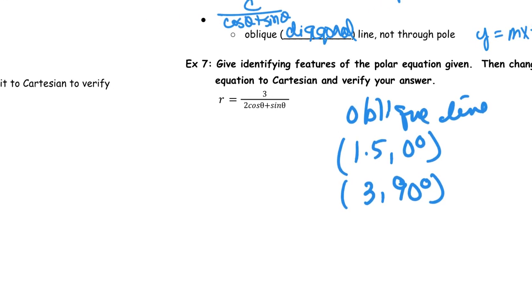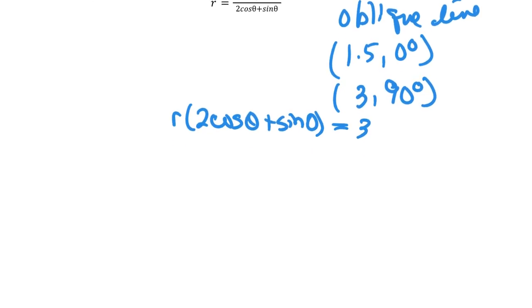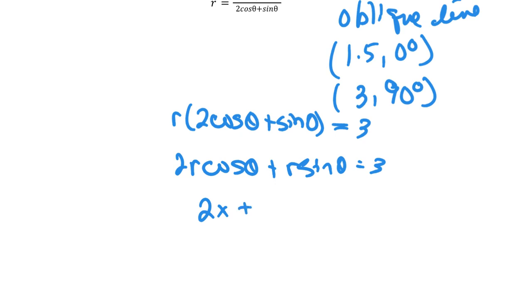First step in converting it, we do r times 2 cosine theta plus sine theta. Y'all want to distribute the r again? So we get 2r cosine theta plus r sine theta. So we get 2x plus y equals 3.